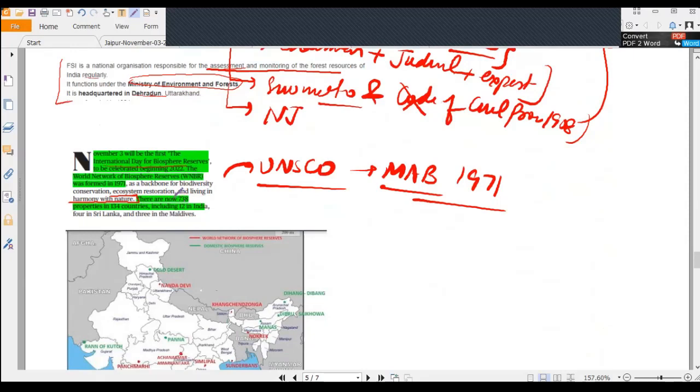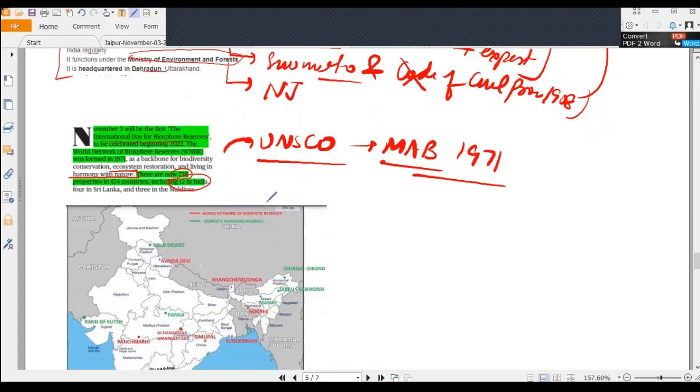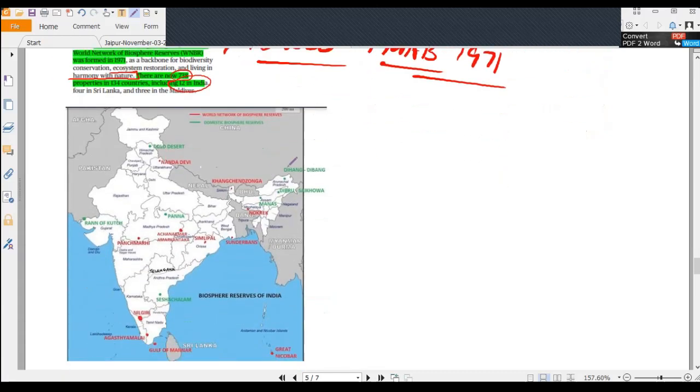It has total 738 sites, out of which 12 are in India. So let us see what are these 12 sites that come under Man and Biosphere Reserve program.